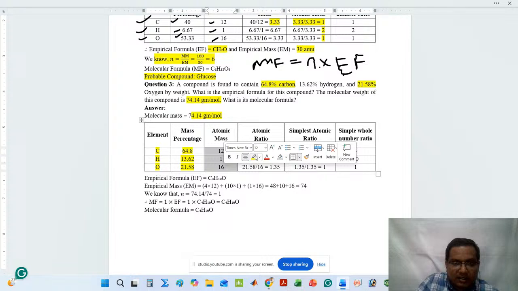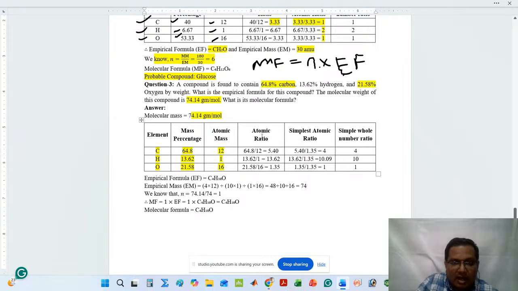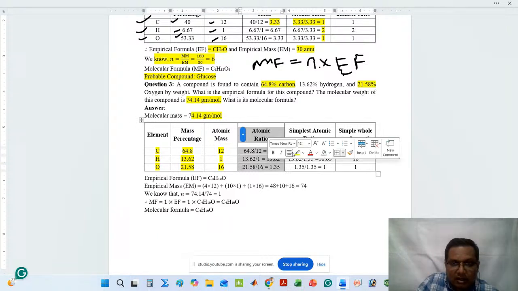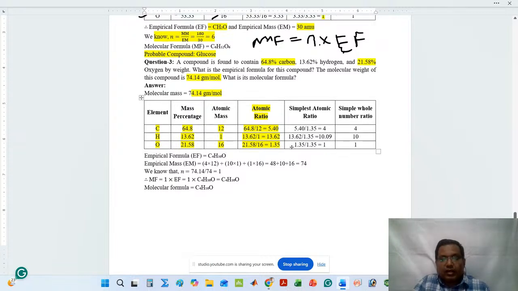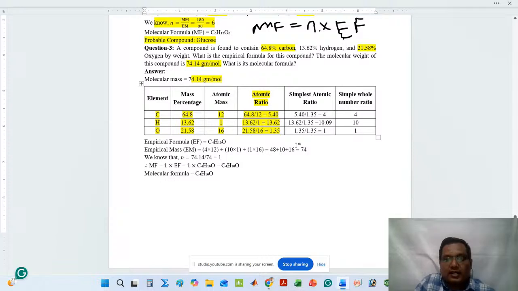Next, as per the formula, you can find the atomic ratio. The atomic ratios you can find here are 5.4, 13.62, 1.35. You can find the simplest atomic ratio. Here, the smallest atomic ratio is 1.35.